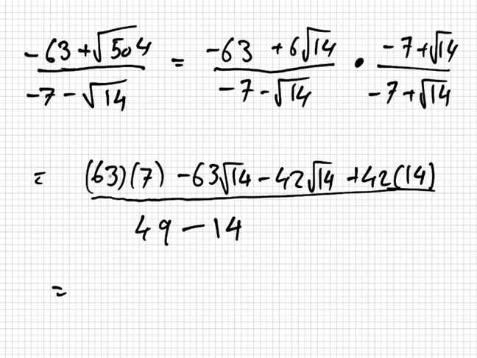So what's that? 63 by 7 plus 42 by 14. It's going to probably be a big number. The last one is 6 times 14. It's not 42 times 14, it's 6 times 14. Thank you. So this is 441? This is correct. Okay.